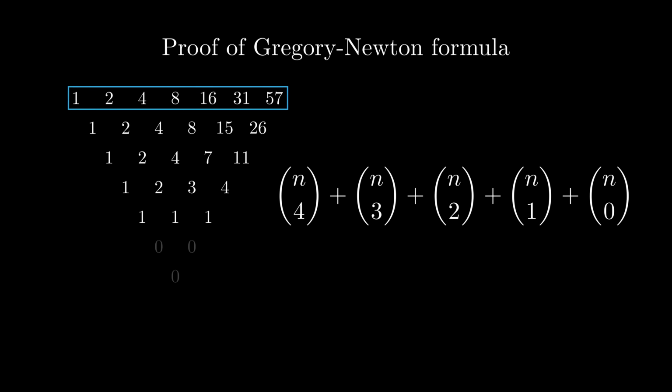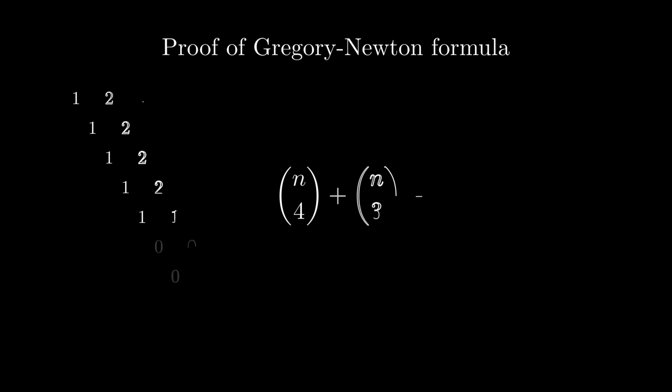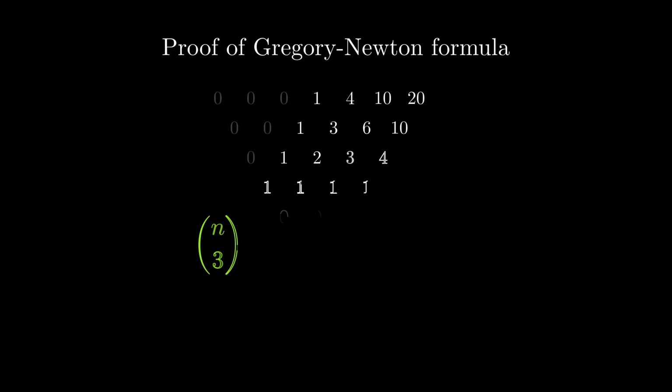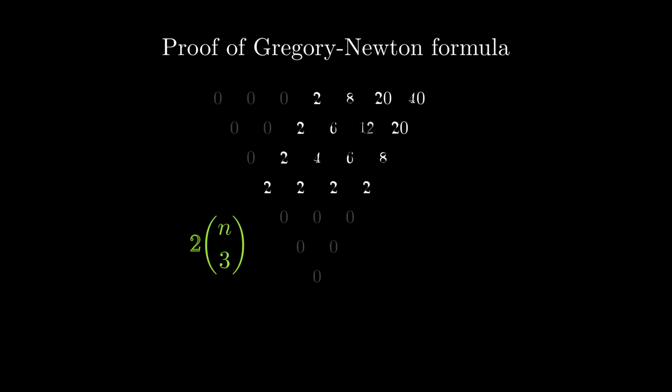In this case, all of our coefficients are 1. But even if they weren't, we can simply multiply all of the values in the table by a constant. This produces a formula that describes the sequence, so this proves that the formula works.